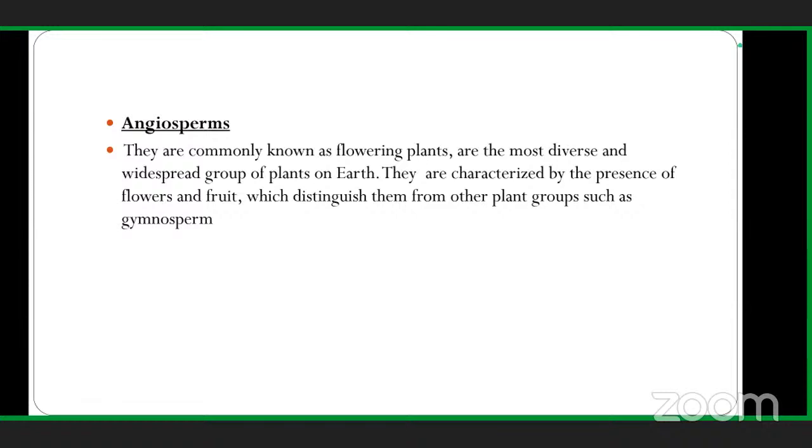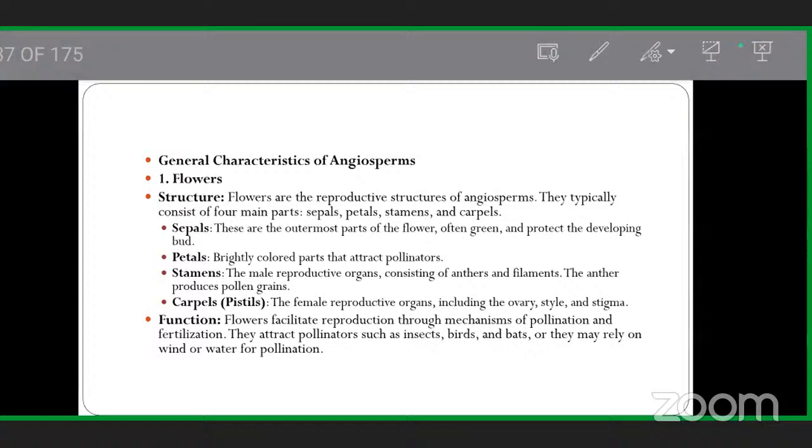They are characterized by the presence of flowers and fruits, which distinguish them from other plant groups such as gymnosperms. You will find flowers here, and fruit also. If a question is asked about flowering plants, they are referring to the angiosperms.